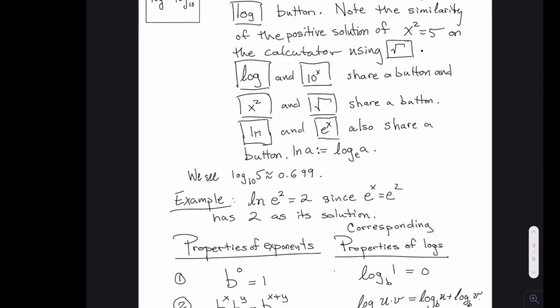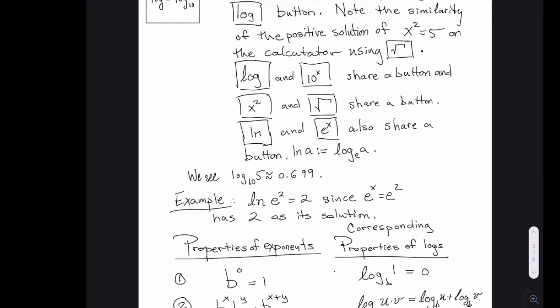So, for example, natural log of e squared is 2, since e to the x equals e squared has 2 as the solution. We don't really have an idea of what e is. It's some number. We'll see a little bit of that in the next section.